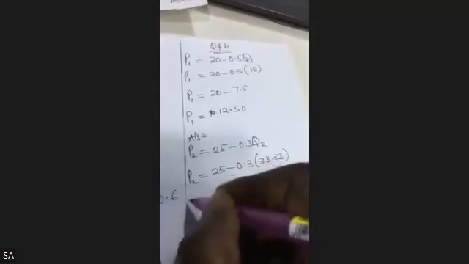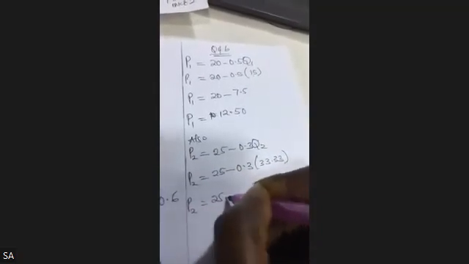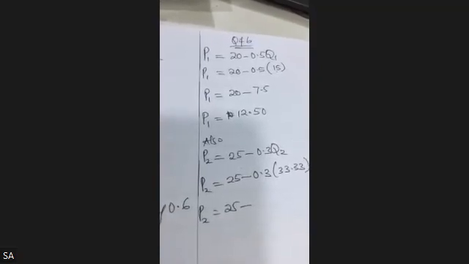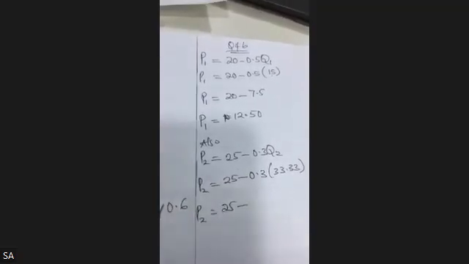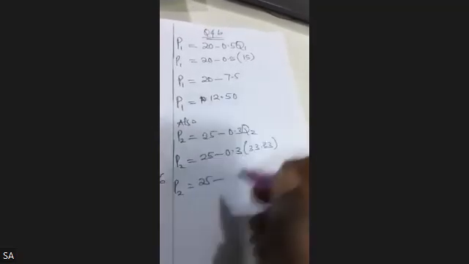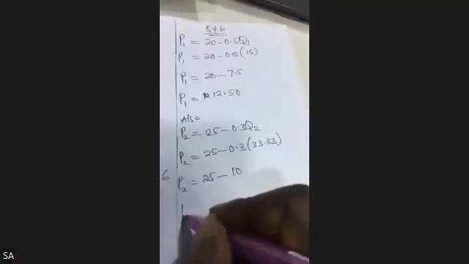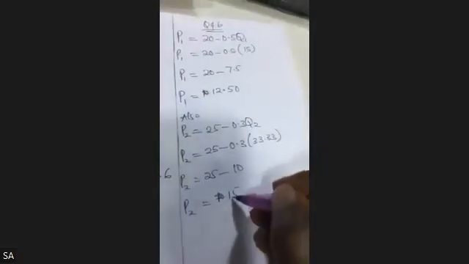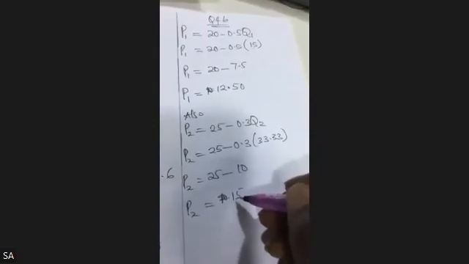So P2 is 25 minus 33.33 multiplied by 0.3, which gives 9.999, approximately 10. Let's just use 10 because we rounded earlier. So P2 gives us 15 naira. In market two, it charges 15 naira. In market one, it charges 12.5 naira.